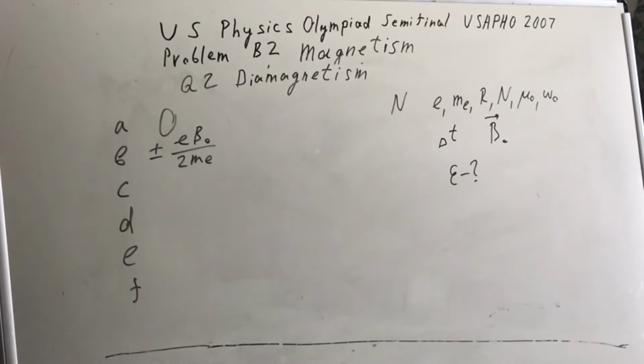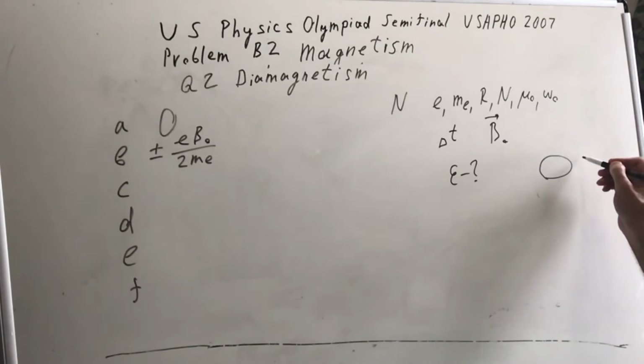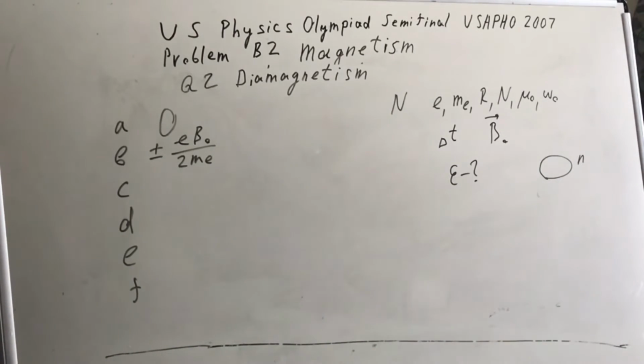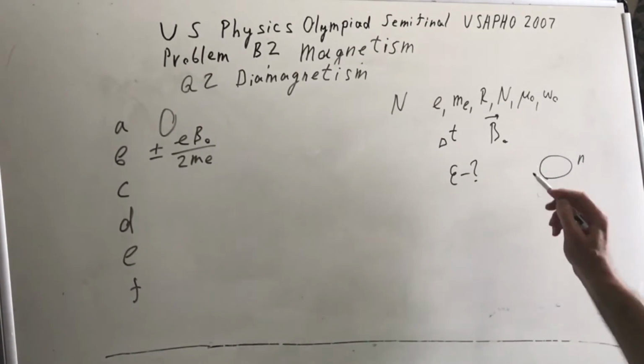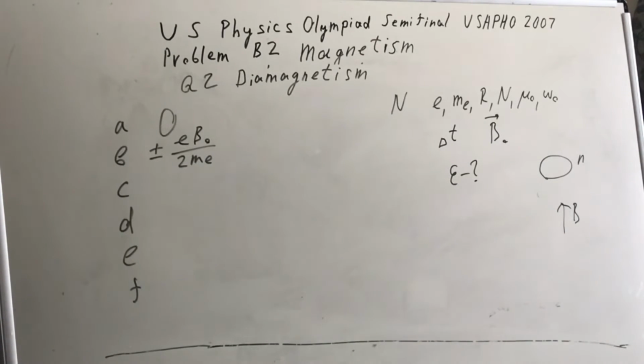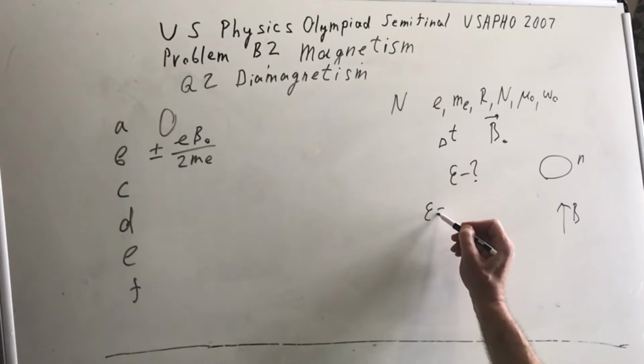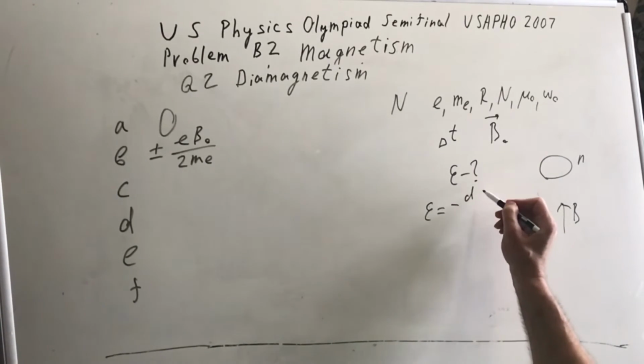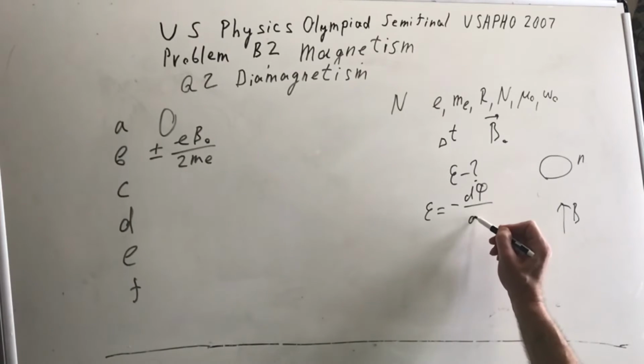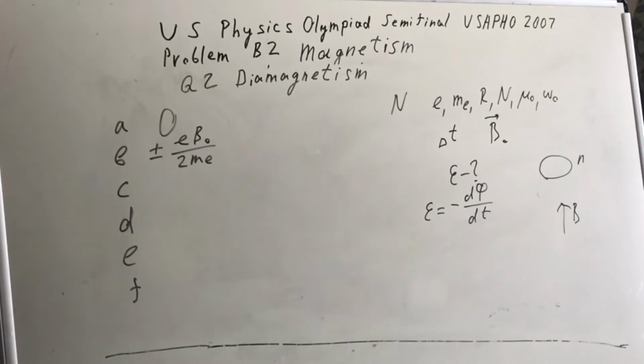So when we have the orbit of the electron, for time delta t it orbits n times, and if we increase the magnetic field B at this rate, we can write that EMF equals negative delta Phi over delta t, where Phi is the magnetic flux through the area covered by the electron.